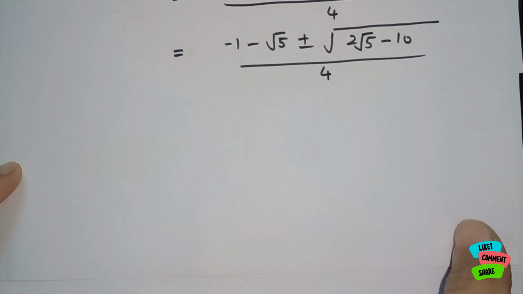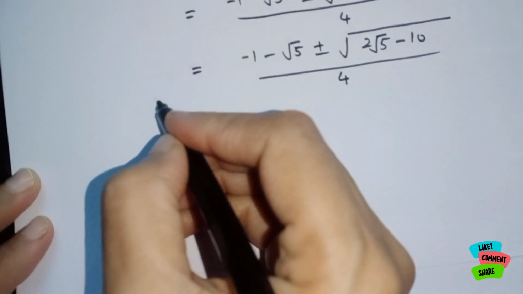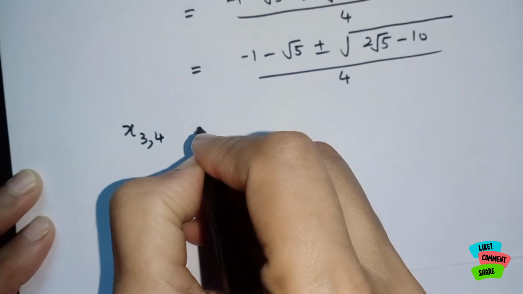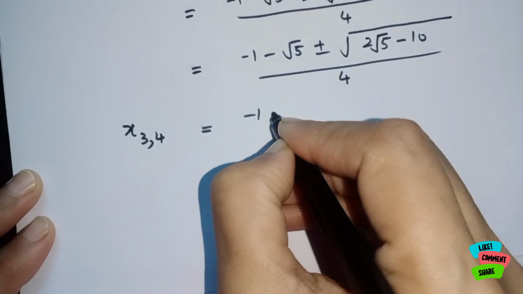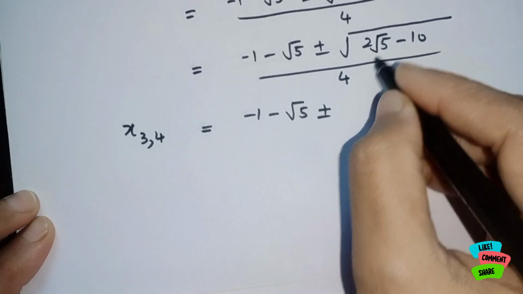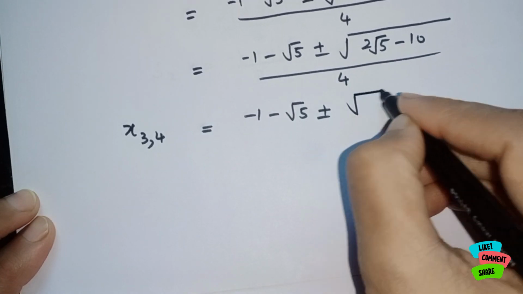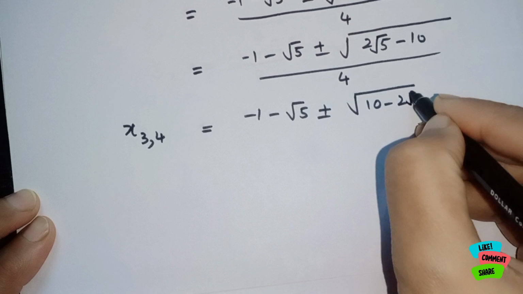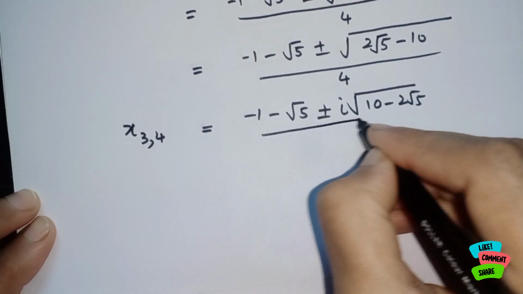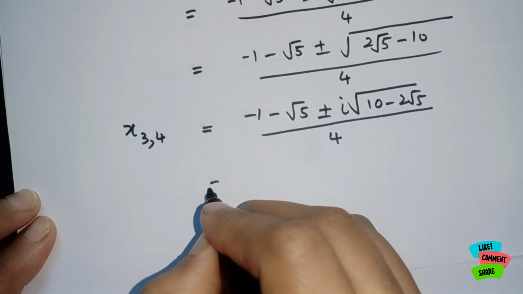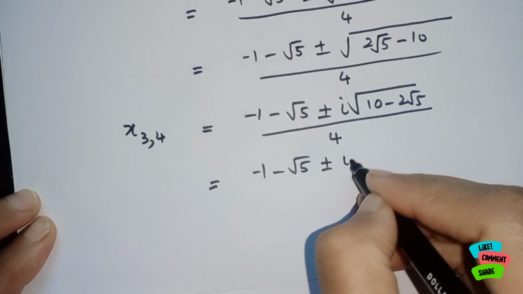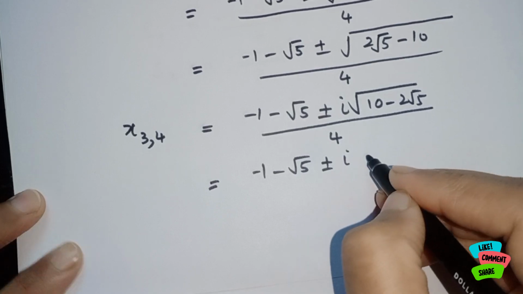So from here we will get our x third and x4, that is equal to minus 1 minus square root 5 plus or minus. Here we will change the position, and we will get 10 minus 2 square root 5, and we will take minus common. That will become our i over 4, and that is equal to minus 1 minus square root 5 plus or minus i.